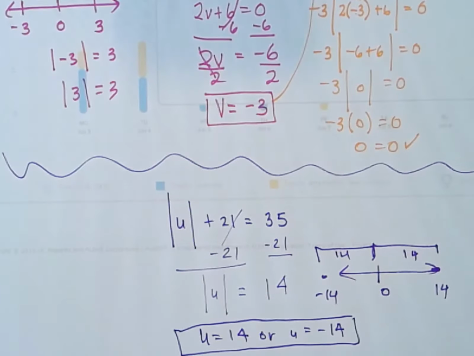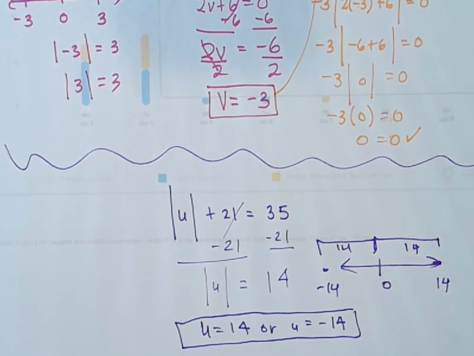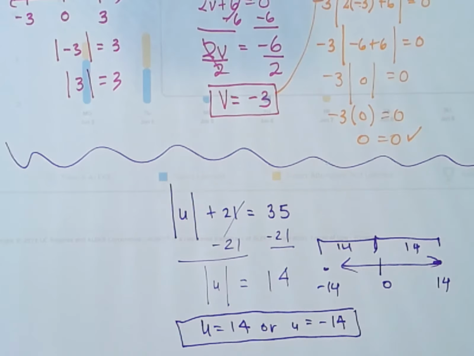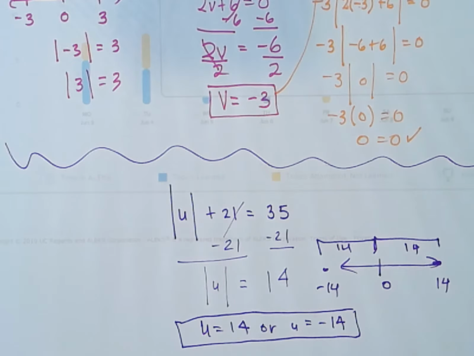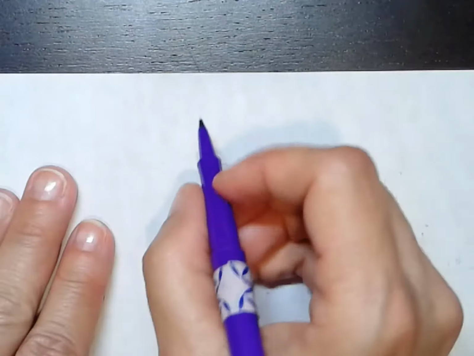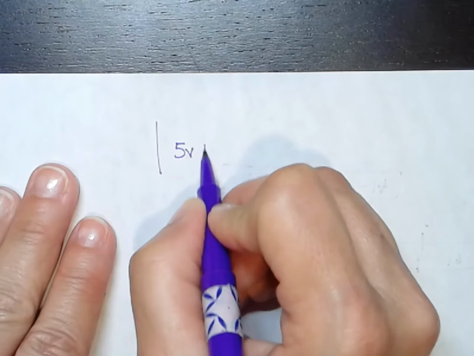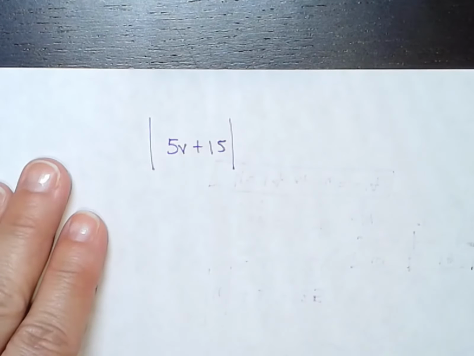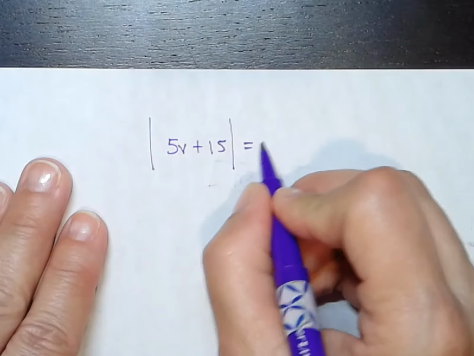Let's try one more. Suppose that I had the absolute value of 5v plus 15 is equal to 5.